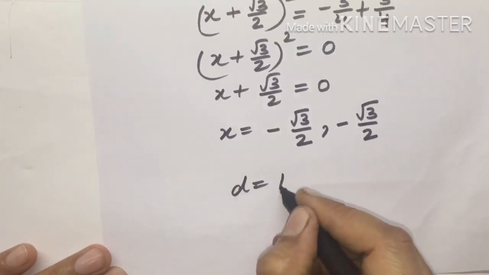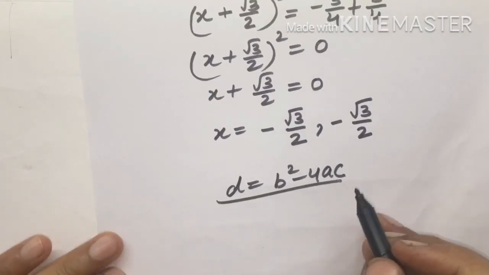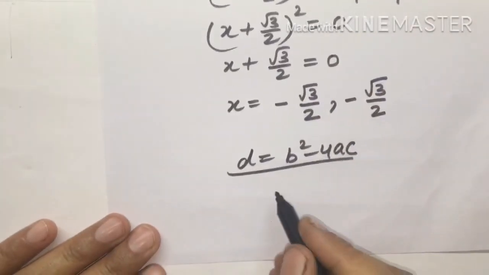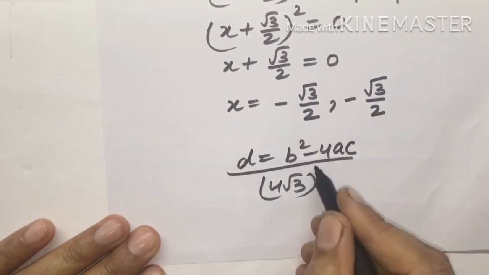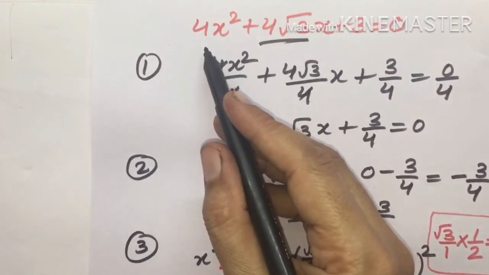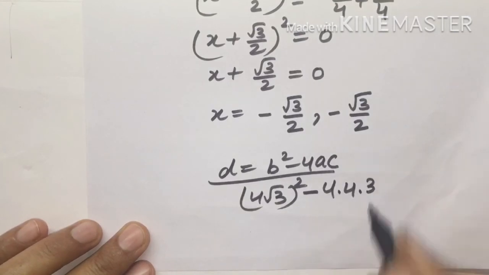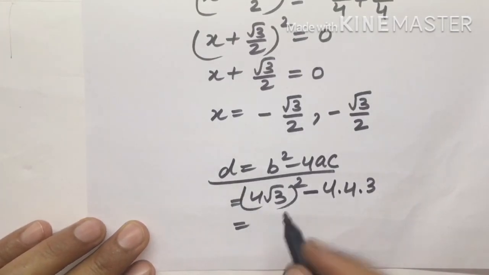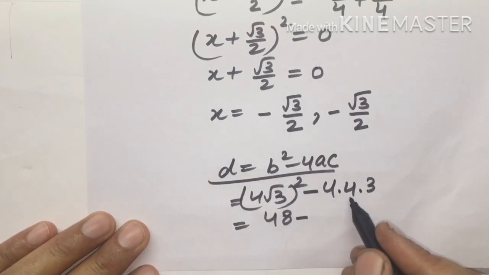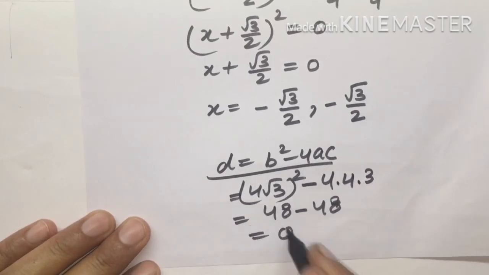Discriminant means D is equal to b square minus 4ac. b square in our equation is 4 root 3, so (4 root 3) square minus 4 into a, which is 4, and c is 3, so 4 into 3. So what we are getting from here, 4 4s are 16, 16 3s are 48, minus 4 4s are 16, 16 3s are 48, and we are getting 0.